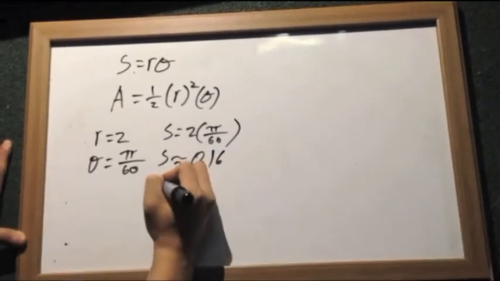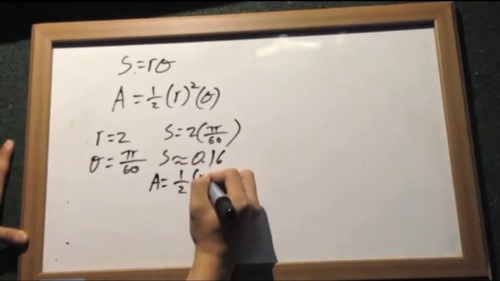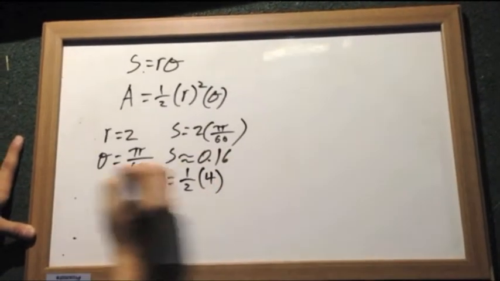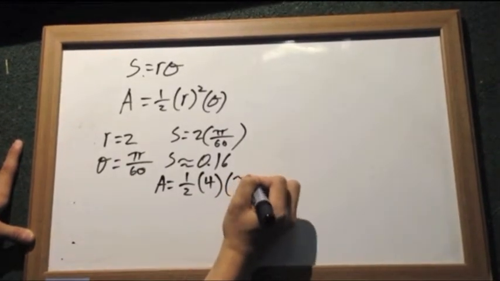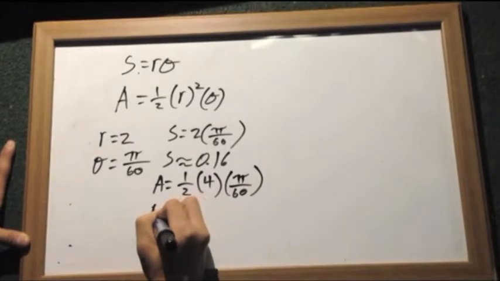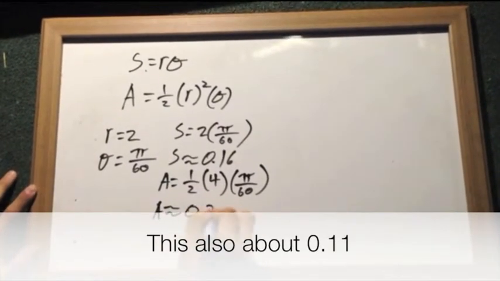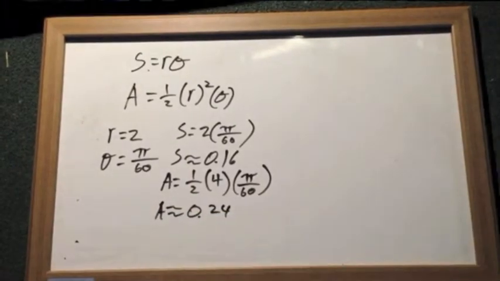And for area, A equals half r squared, which is 4, times theta, which is pi over 60. So that, if you use a calculator, is approximately 0.24.